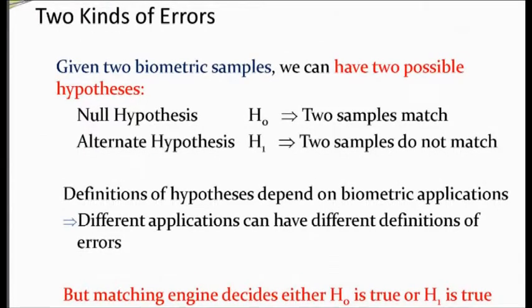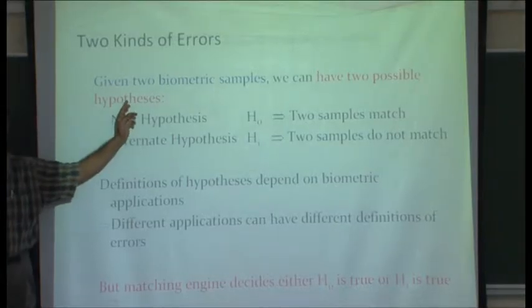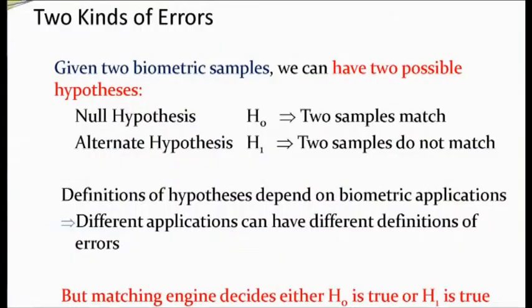If you know these two biometric samples in front of you, then you have to state two hypotheses: one is the null hypothesis, another the alternative hypothesis. In the null hypothesis, you will say that the two samples are matched. And in the alternative hypothesis, you will say that the two samples have not matched.